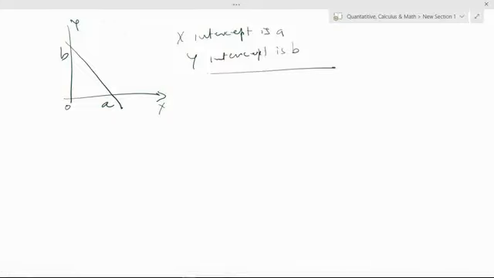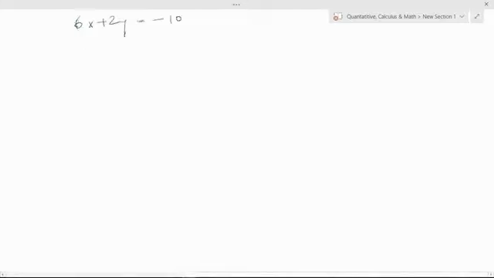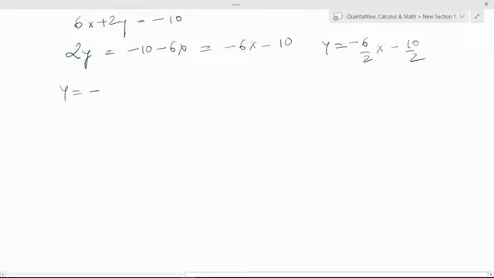Now 6x plus 2y is equal to minus 10. So 2y is equal to minus 10 minus 6x, which can also be written as minus 6x minus 10. We take 2 to the denominator, and it becomes minus 6 by 2x minus 10 by 2.